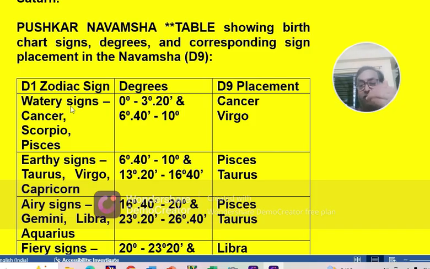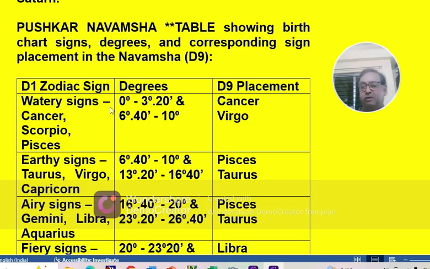Navamsha is a divisional chart which is made of elements. Elements classification: Jal Tattva, Prithvi Tattva, Vayu Tattva, Agni Tattva. These are the 4 elements. So I have grouped the zodiac signs in the birth chart according to this classification.